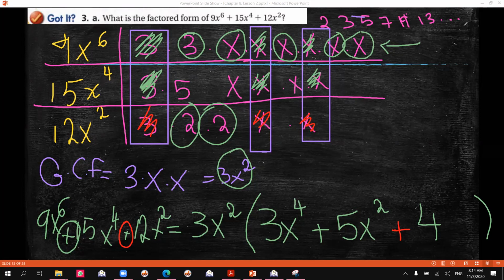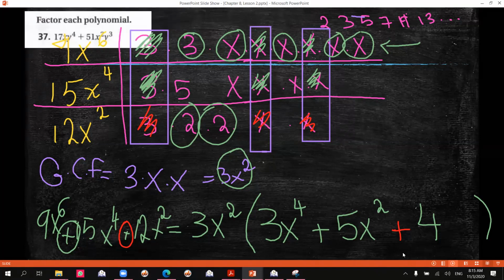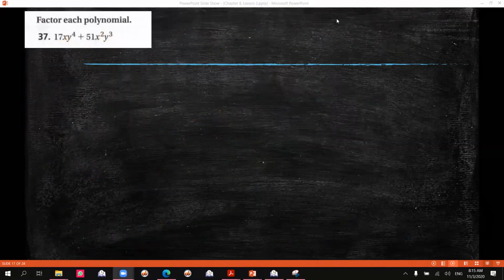Okay, let's have another example now. Factor each polynomial. This is number 37.